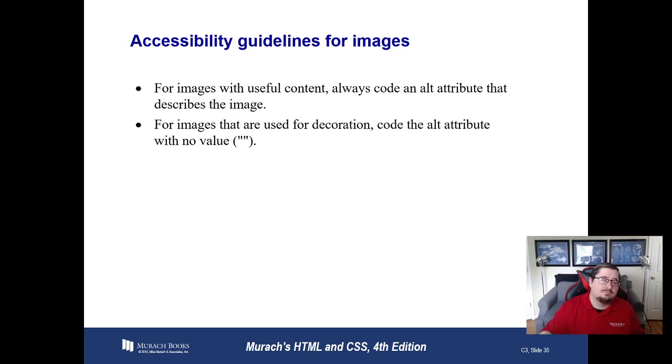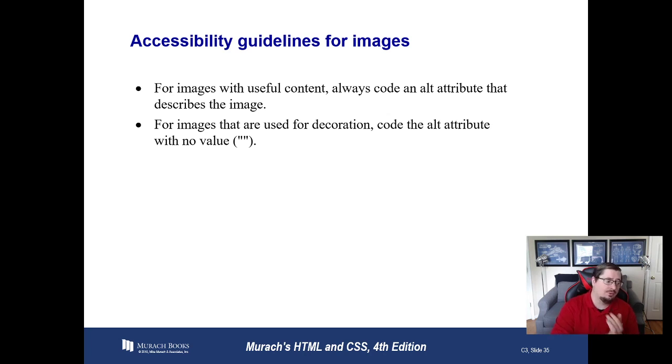All right. Just a few accessibility guidelines for images. One is you want to make sure you always include an alt attribute. Whatever the image is, it should always have an alt attribute. That alt attribute generally should describe what's in the image, especially if it's important to the content of the page. It should give some explanation of what that image is.